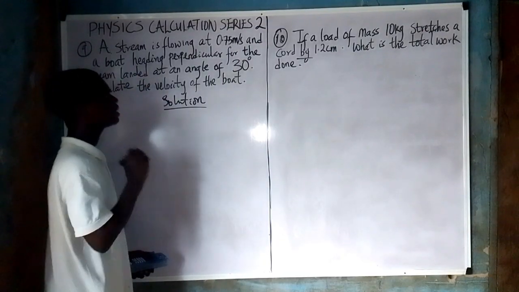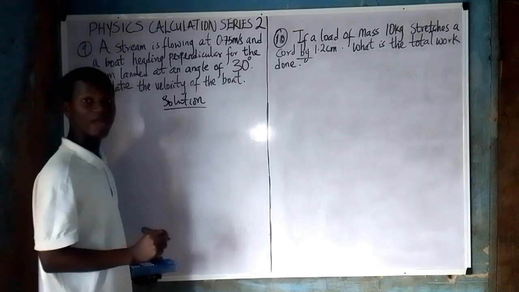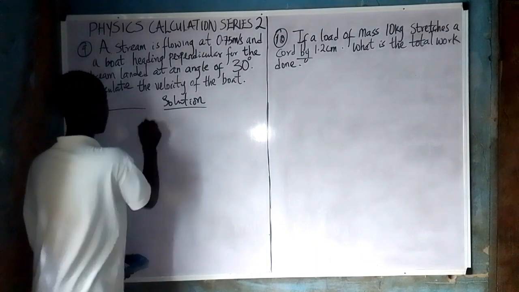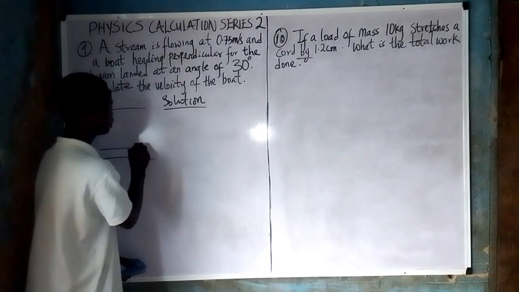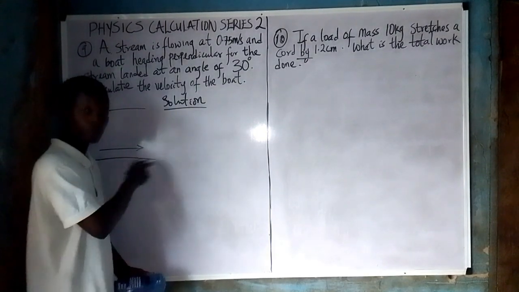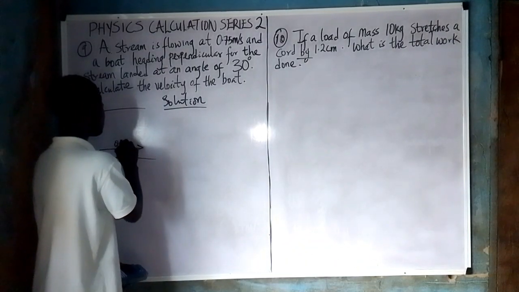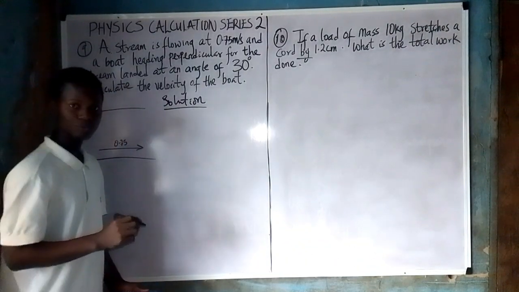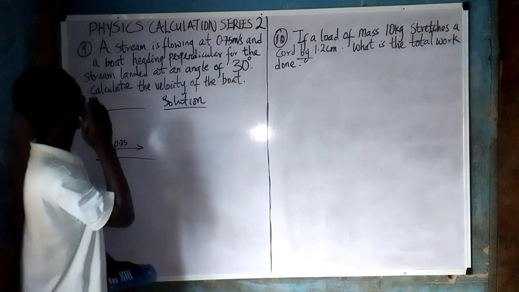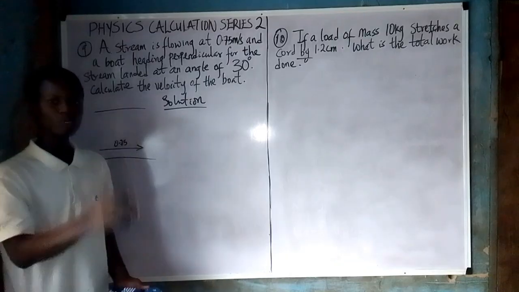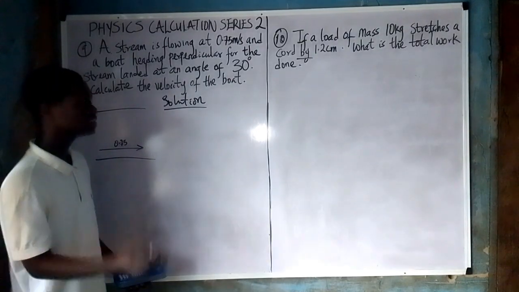It said a stream is flowing at 0.75 meter per second. So let's assume this is the direction of flow of the stream. Now what is next they say? They said a boat heading perpendicular to the stream landed at an angle of 30 degrees.